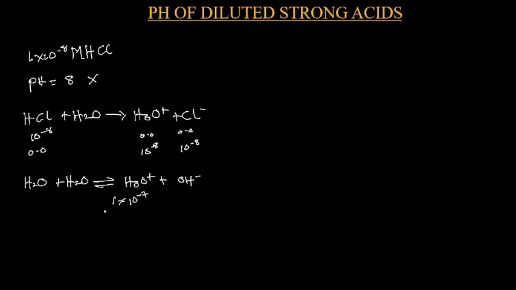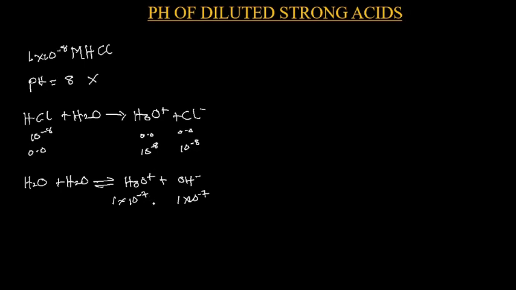If you remember Kw, it's going to produce equal concentrations of this and this. So this is also going to be 1 times 10 exponent minus 7, right? So this is autoionization of water, and it produces equal concentrations of H3O+ and OH minus, which is 1 times 10 exponent minus 7 molar.